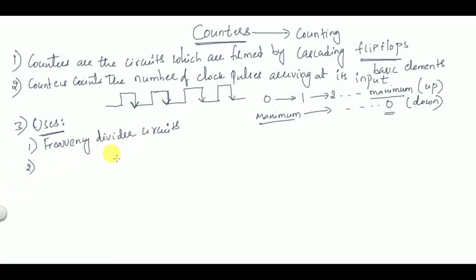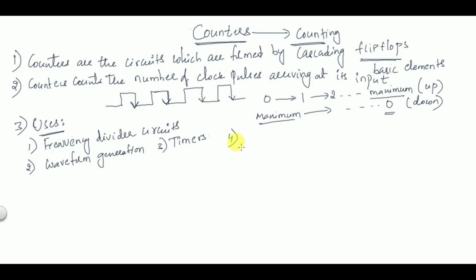This I will explain when I explain the counters. They are also useful for waveform generation, and they are also used in timers, because a counter performs the counting operation. Okay, so these are the important points which you have to remember.